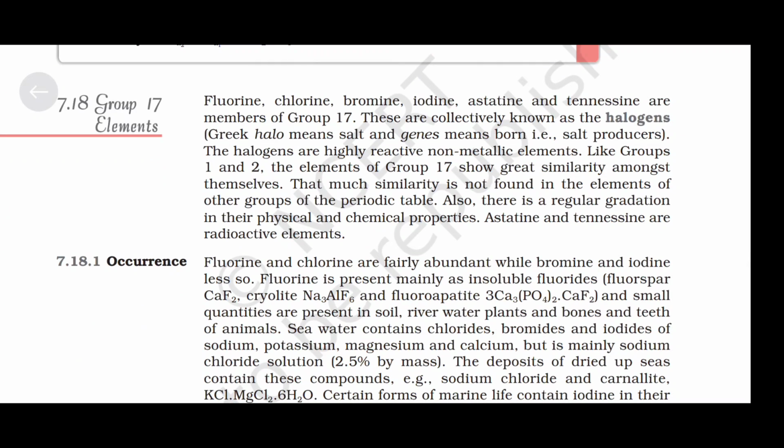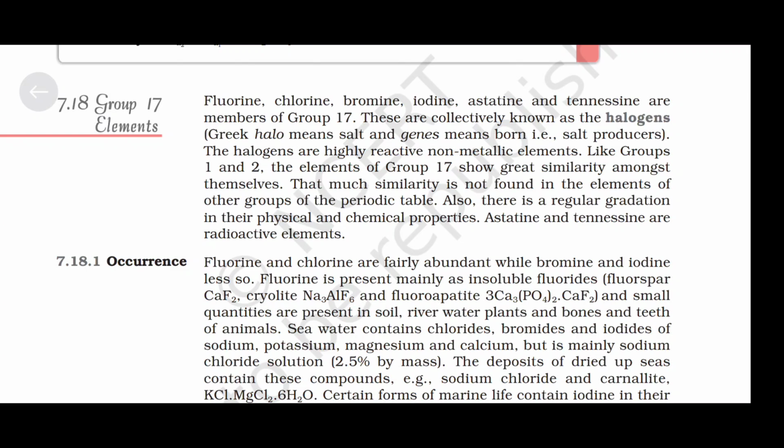Group 17 elements: fluorine, chlorine, bromine, iodine, astatine and tennessine are the members of group 17. These are collectively known as halogens. Greek halo means salt and gens means bond, that is salt producers. The halogens are highly reactive non-metallic elements like groups 1 and 2.